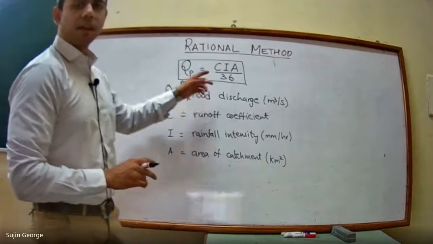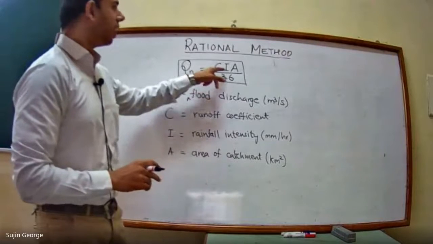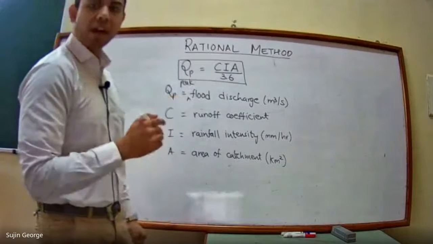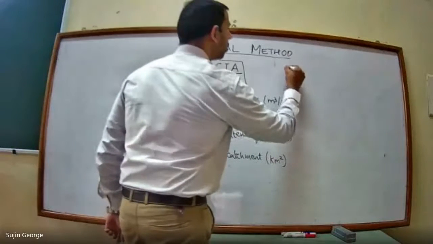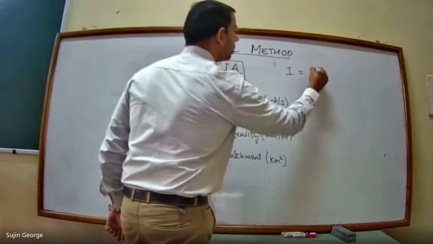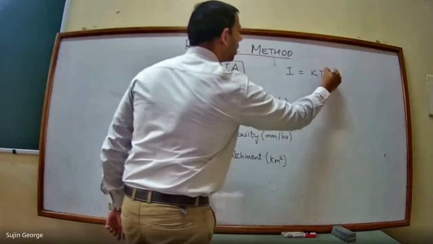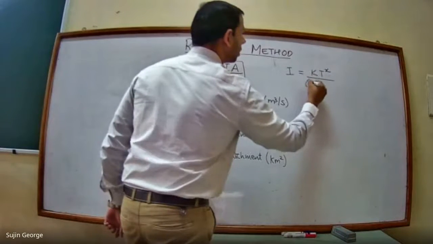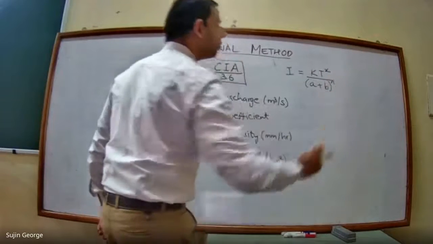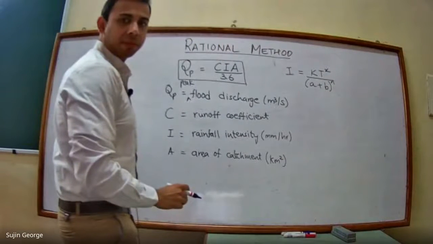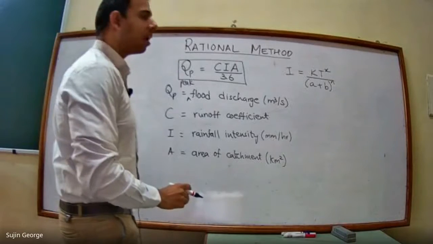And I had told you that if you need to calculate the value of I, there is another formula, that is I is equal to K T to the power X upon A plus B to the power N.